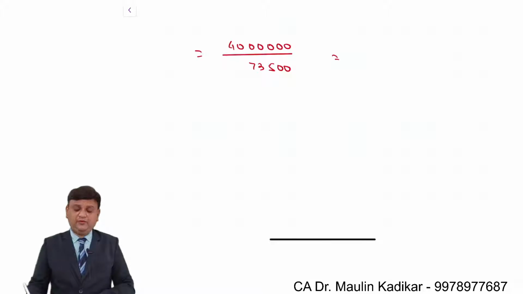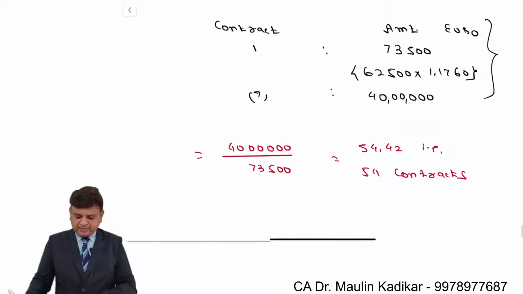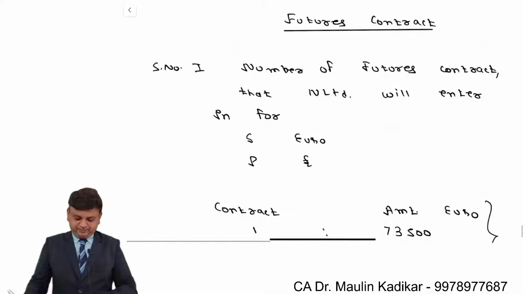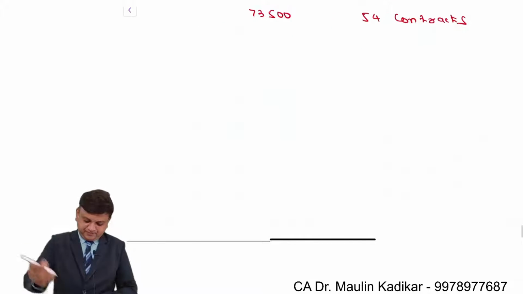That comes to 54.42. That is 54 contracts. This is the way we are required to compute the number of contracts to be entered upon. If at all you write 55, that is also acceptable friends.